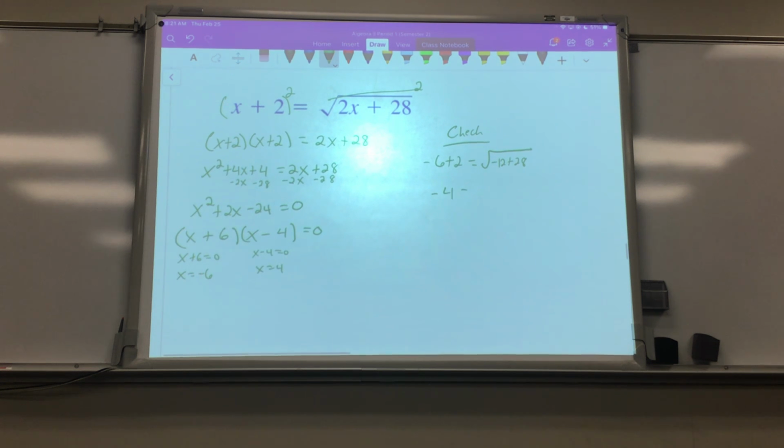So -4 equals the square root of 16. -4 equals 4. Did that one work? Does -6 work? No, it does not.